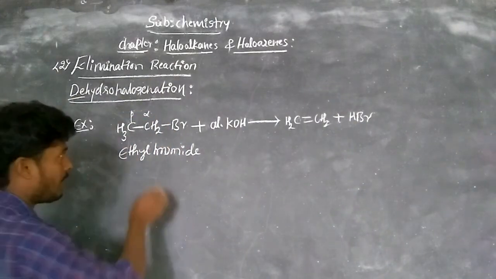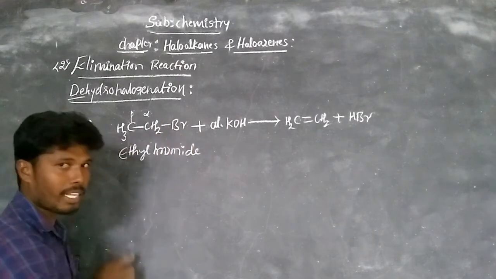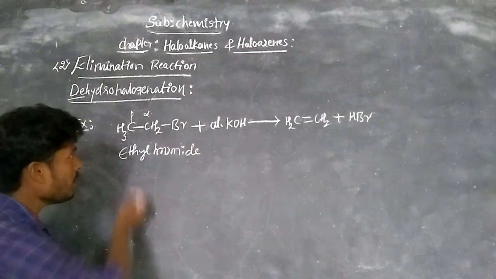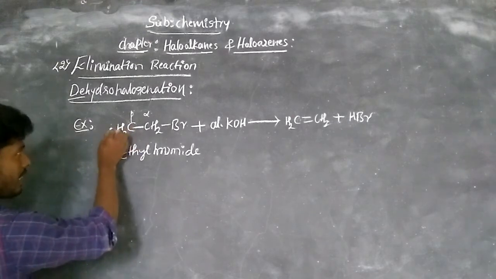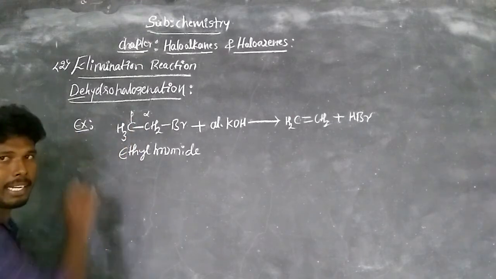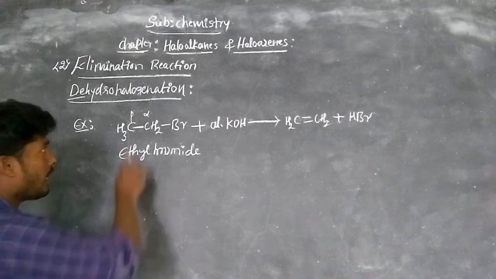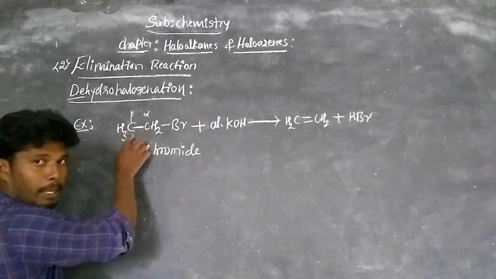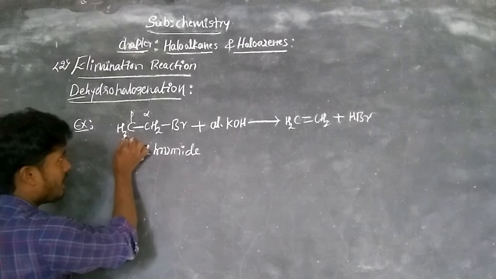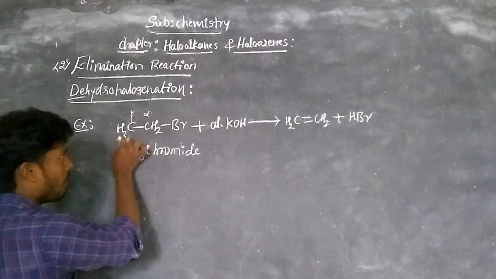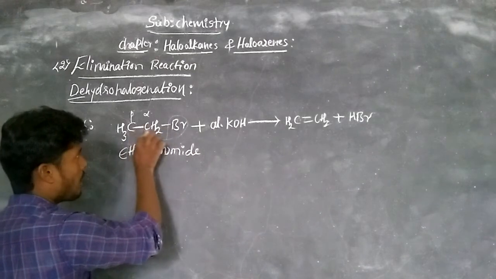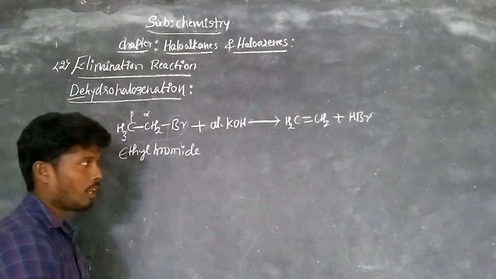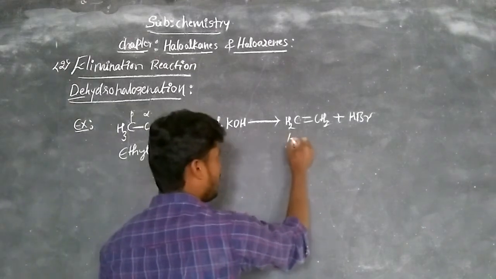The alpha carbon is the carbon to which the halogen is directly attached, and the carbon beside it is called the beta carbon. After that there is a gamma carbon and a delta carbon, and so on. So here the hydrogen is removed from the beta carbon. Observe, here there are 3 hydrogens. One hydrogen and bromine leave as HBr and a bond is formed between the carbons. Hence you get ethene.